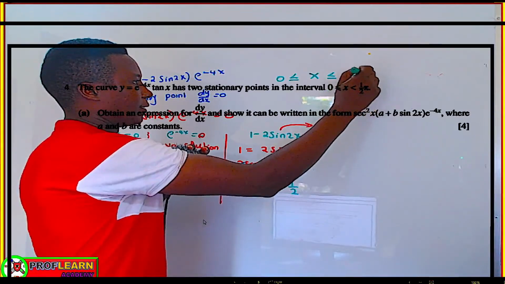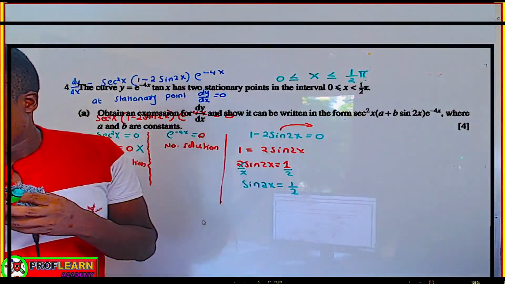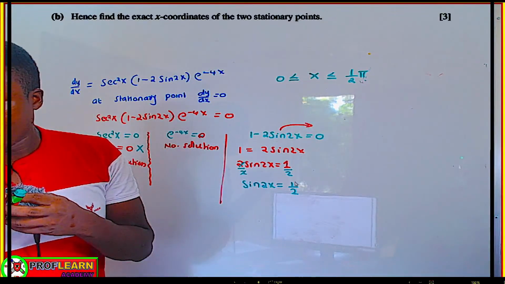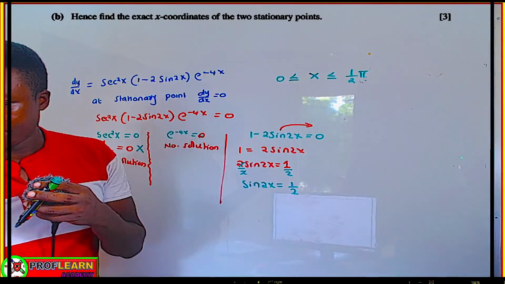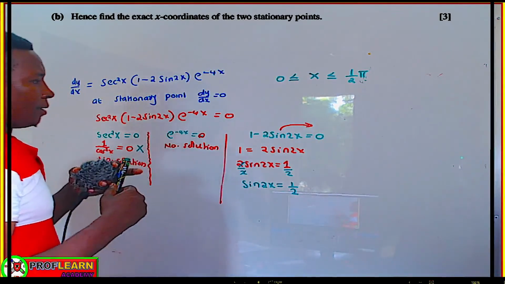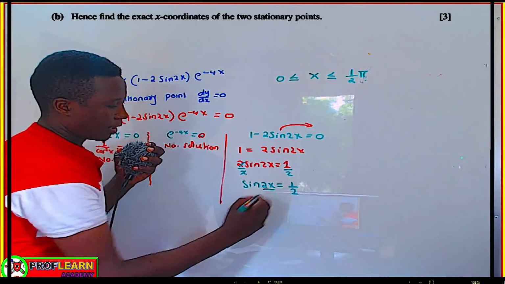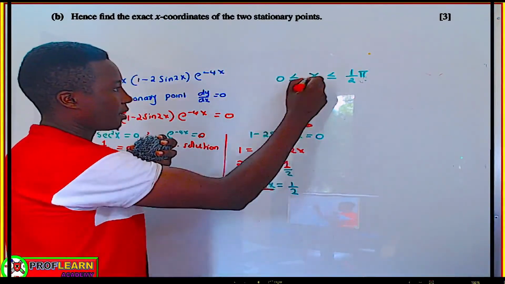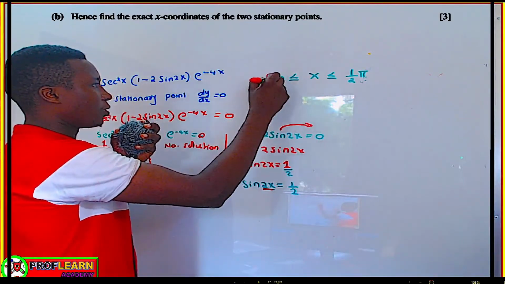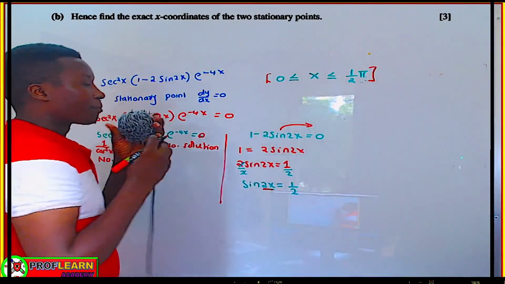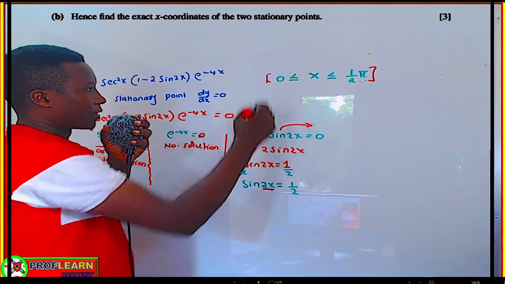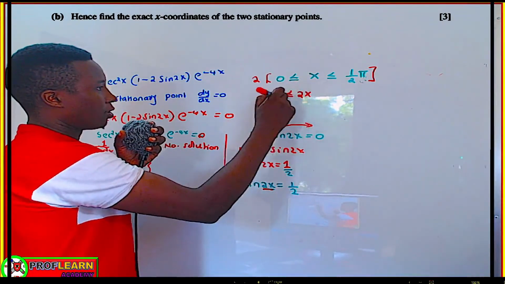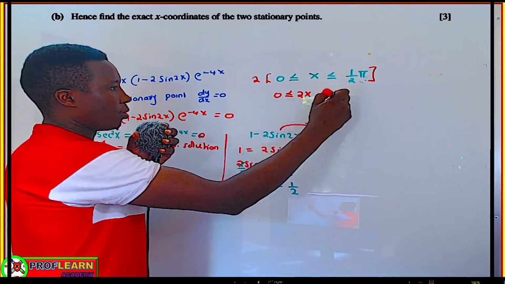Having given that, if you look at the equation the way we have it at this point, you notice that we have 2x here, and yet here we have x. So we can now increase the domain of x by multiplying by 2, and the new domain is going to be 2x greater than or equal to 0, less than or equal to pi.